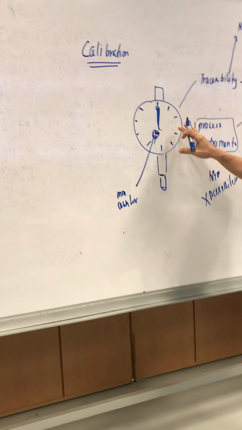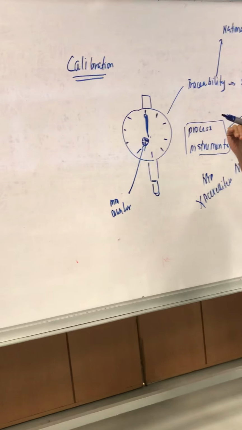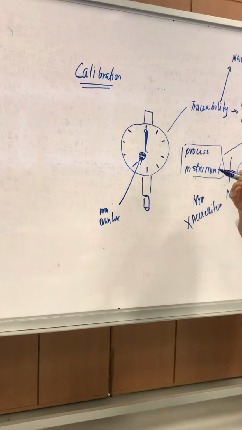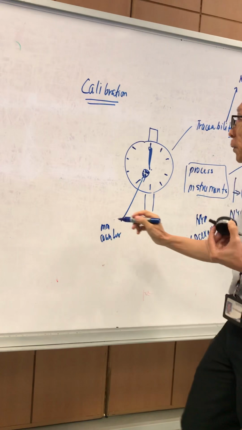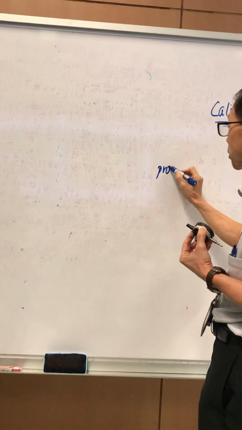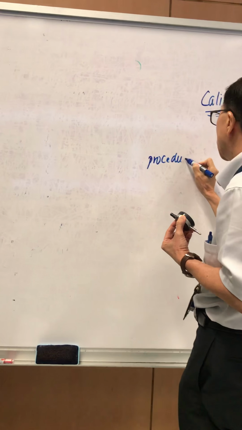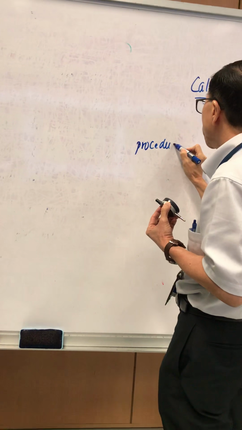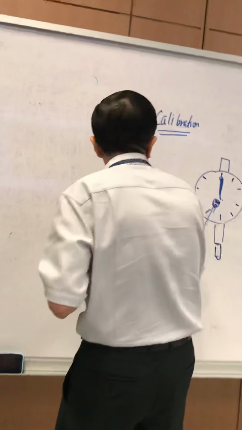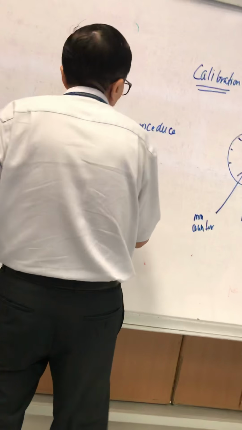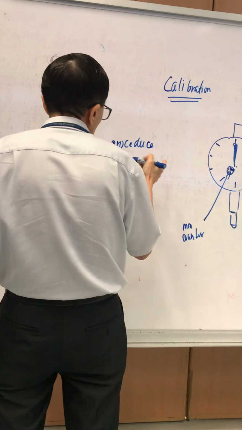Okay, tell me now. How should we calibrate this? So the method, the procedure is important, but our procedure is not accredited lah. What is the procedure? So briefly I explain to you. The standard procedure is this.